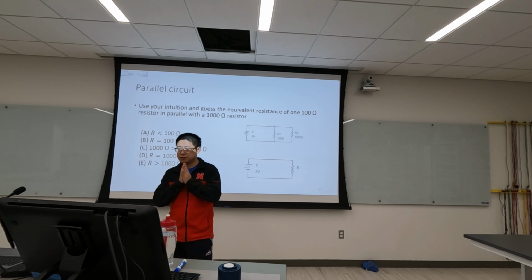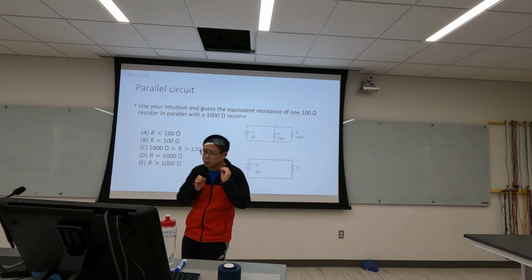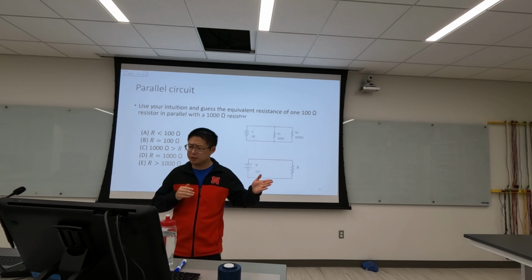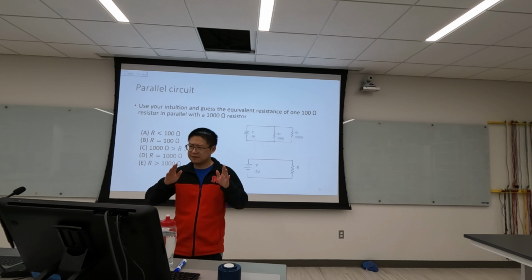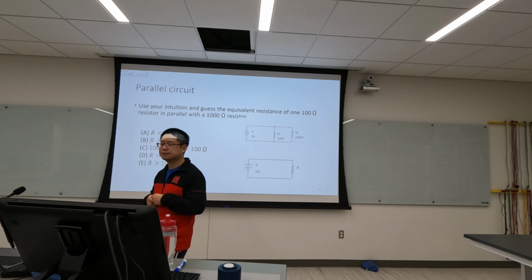I didn't expect you to obtain the exact value of the equivalent resistance. Just guess the range. It is smaller than 100, equal 100, between 100 to 1000, equal 1000, or larger than 1000.